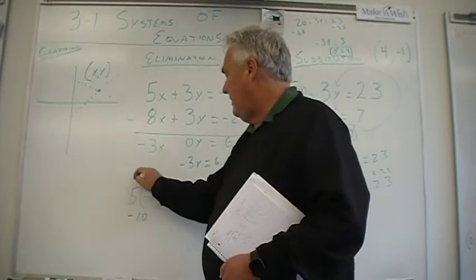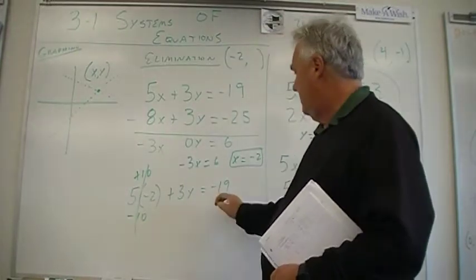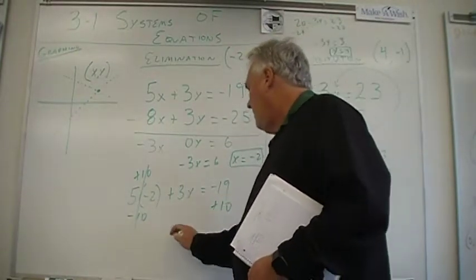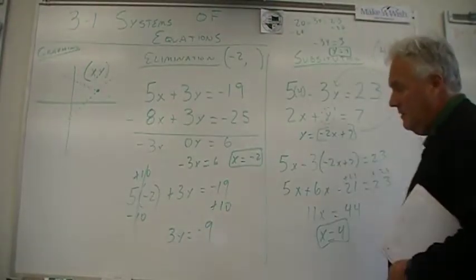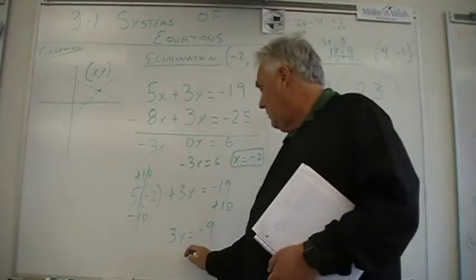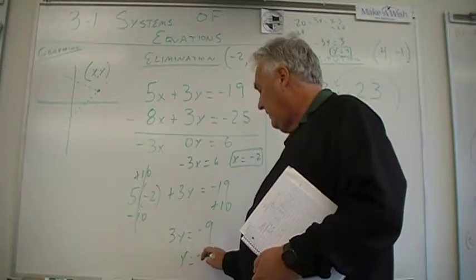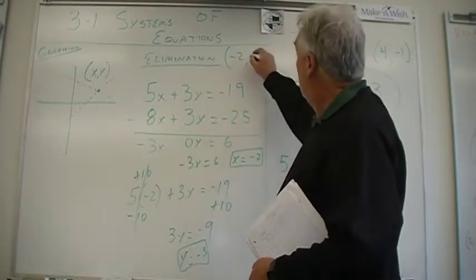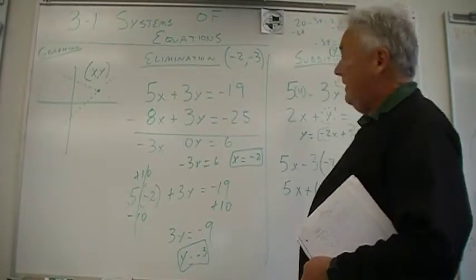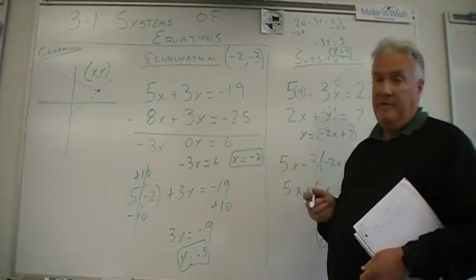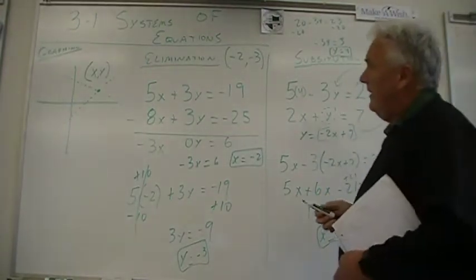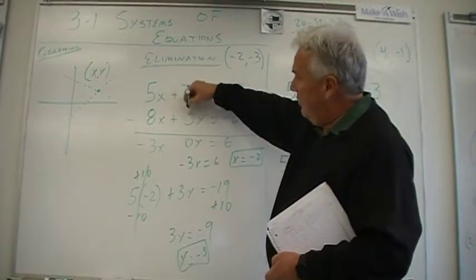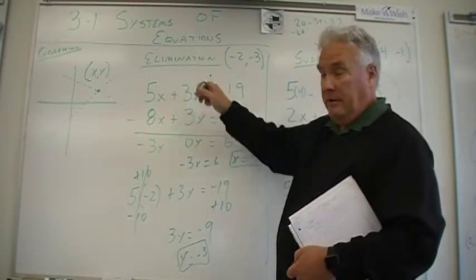So add 10 to both sides. 3y equals negative 9. y equals negative 3. And that is the point that both of these share. Okay? So the key to this is having the same coefficient here.